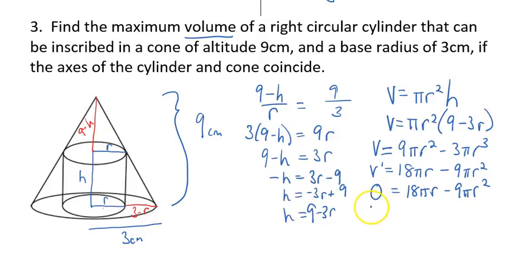If I add the 9 pi r squared to the other side, I will get 18 pi r on the right, and I can go ahead and divide by 9 pi and r. So the 9 pi's will cancel and one of the r's will cancel, and I'll get r equals, over here the pi's will cancel, the r's will cancel, and 18 divided by 9 is 2. So I'll get a radius of 2.